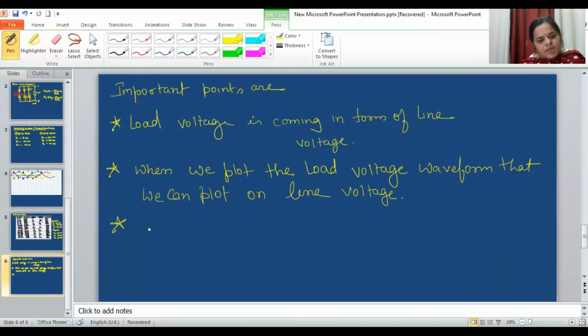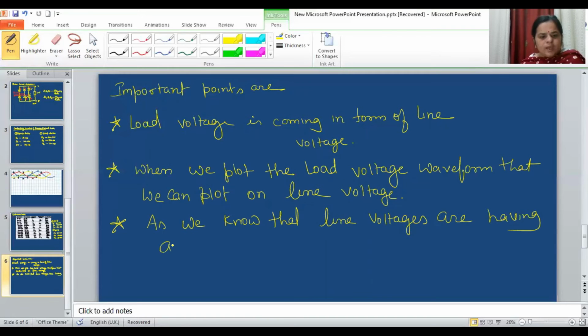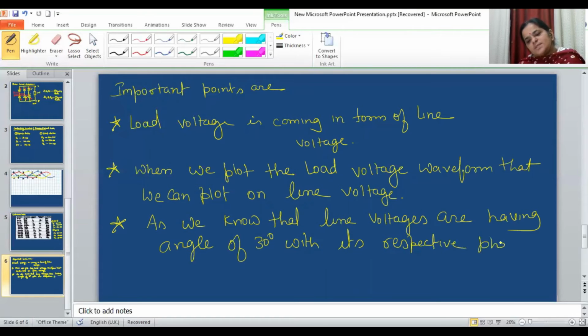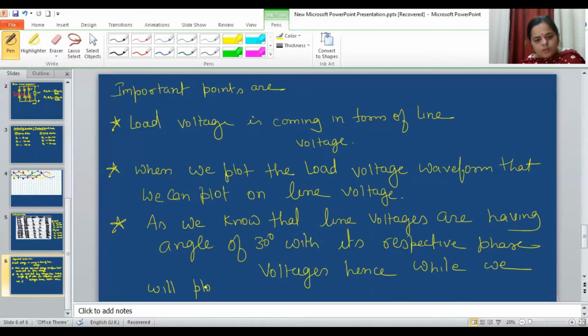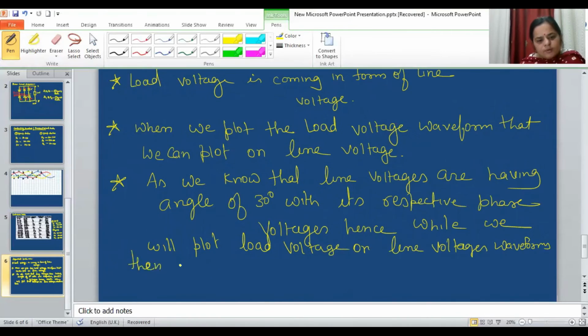And the third thing is, as we know, line voltages have an angle of 30 degrees with their respective phase voltages. Hence, when we plot the load voltage on the line voltage waveform, we plot it delayed by 30 degrees.